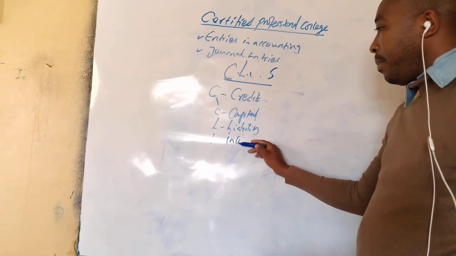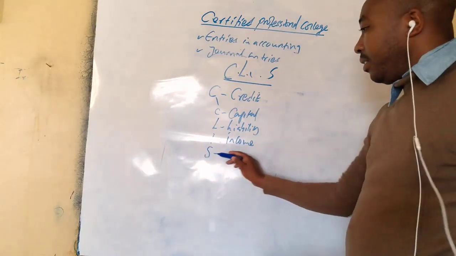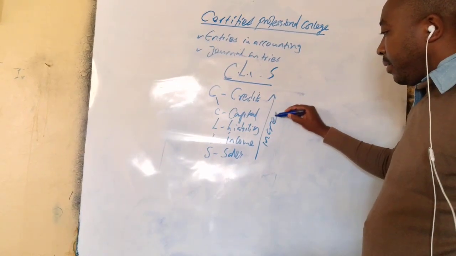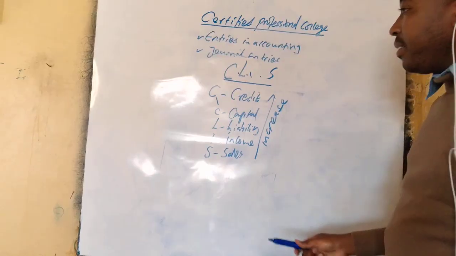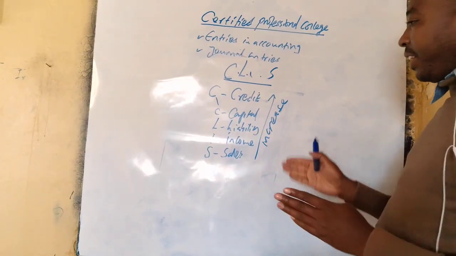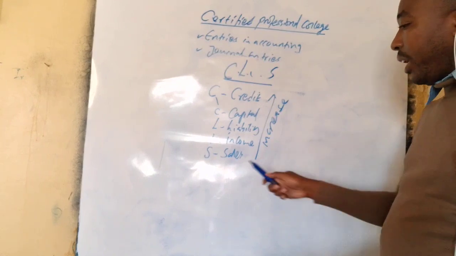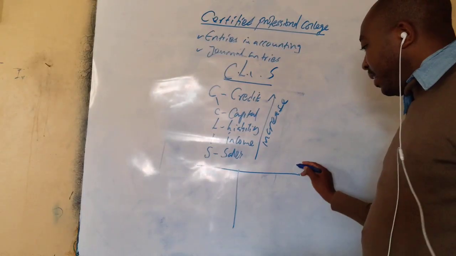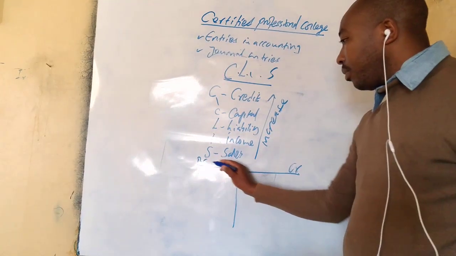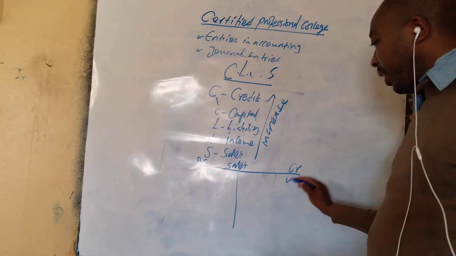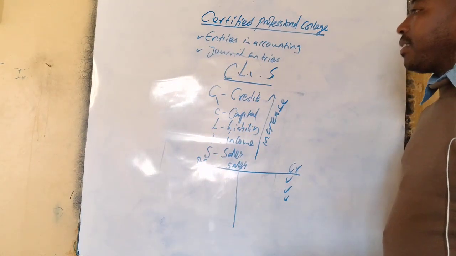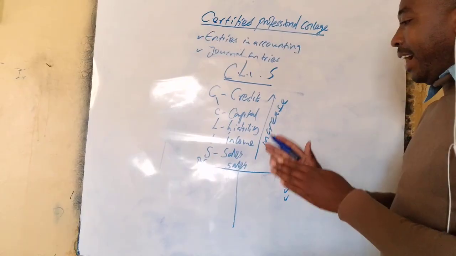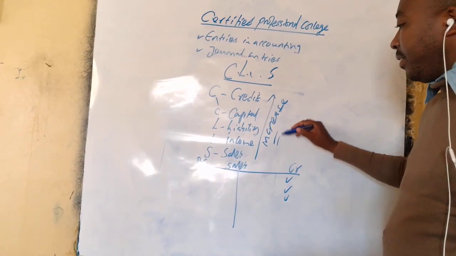I is income. S is sales. And we record them when they increase. If you open a capital account and you find that capital is increasing, you are supposed to record it on the credit side of that account. If I open a sales account and I make sales, I'm supposed to record on the credit side. That is CLIS. You credit capital, liability, income, and sales whenever they increase.